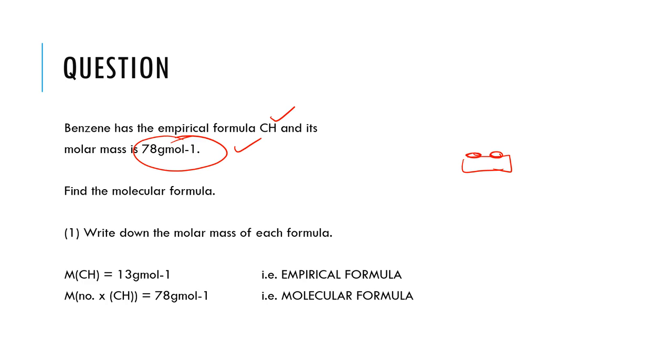The molar mass of the entire tower put together, however many of these there are, we don't know, is 78 grams per mole. We know that one of these is a CH, and this is 13 grams per mole. So essentially, I know that the total thing is going to be 78. Each chunk that went into building it weighs 13.